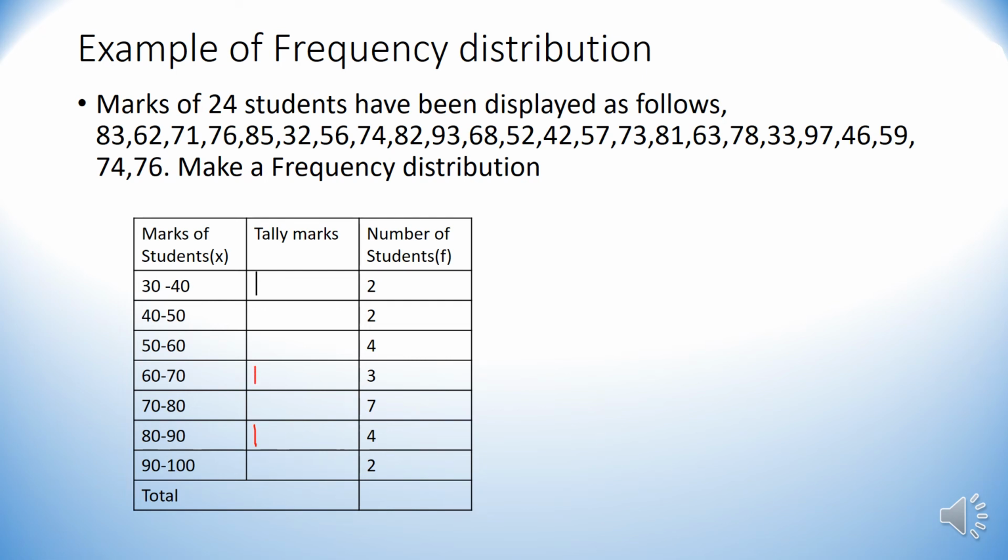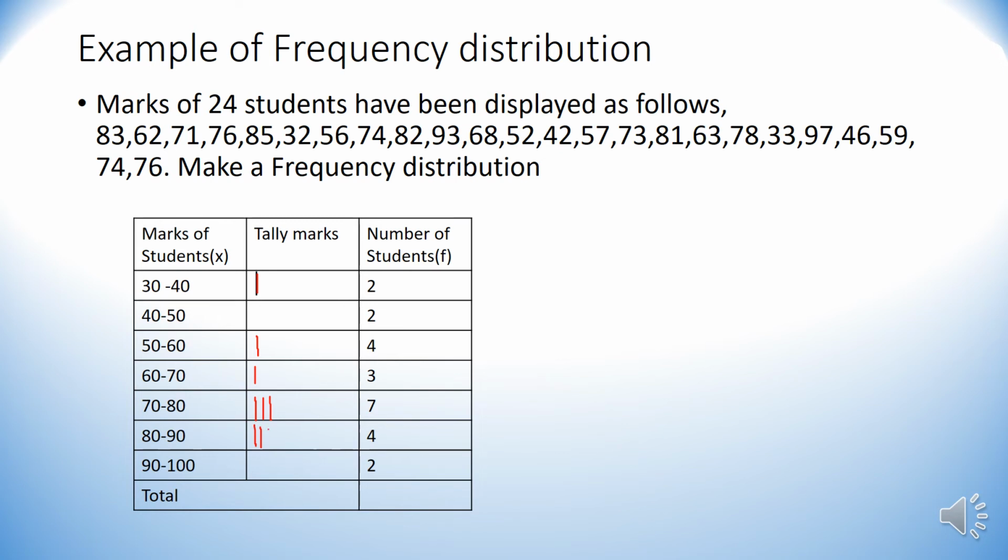Then 71, 71 goes to 70 to 80. Then 76 goes again to the 70 to 80 class. Then 85 comes here. Then 32 goes this side. 56, this one. 74, again here.